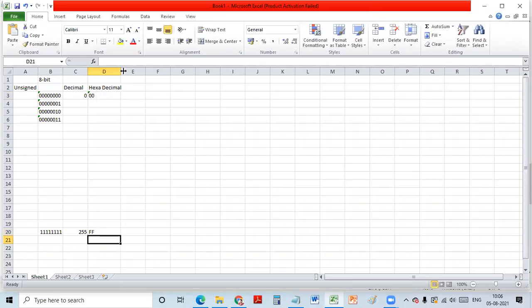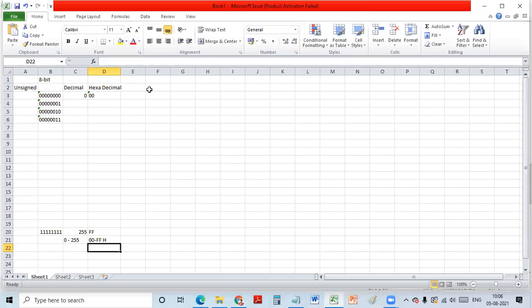So in hexadecimal the range is 00 to FF. In decimal the range is 0 to 255, and in hexadecimal the range is 00 to FFH. This is H, so at the end we apply H.